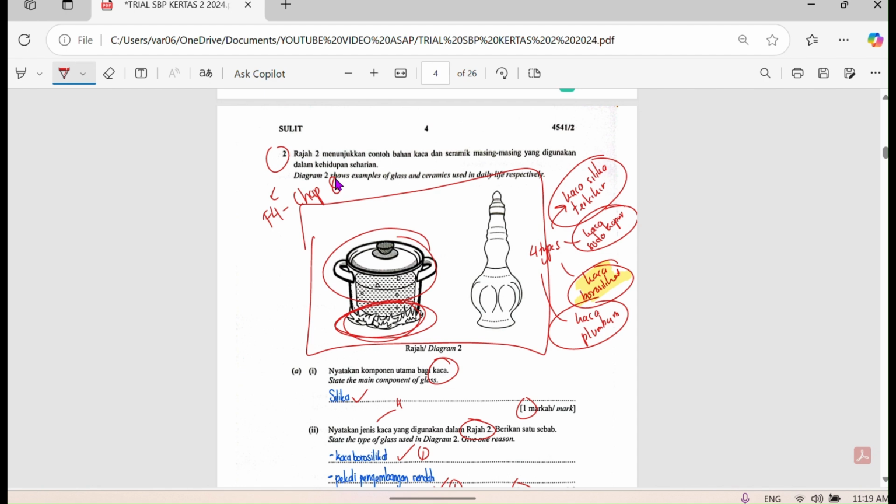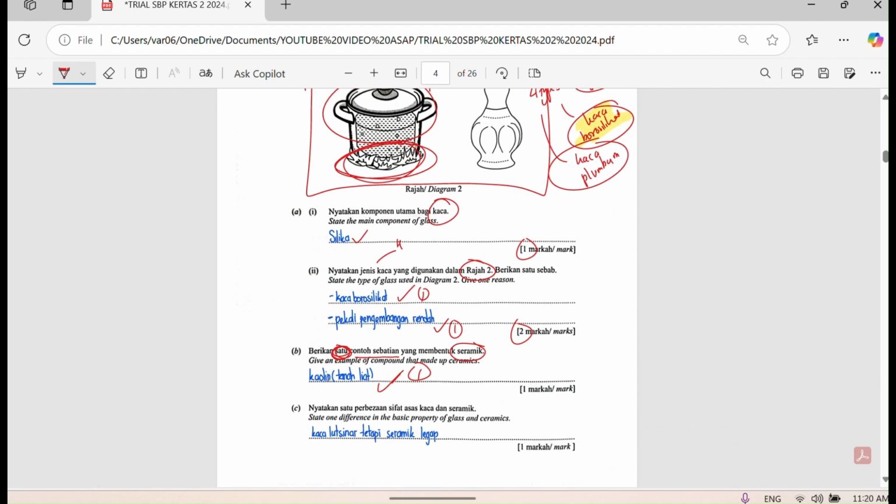There are several things for you to memorize. Unless you do a lot of questions and you macam terhafal, teringat, then that's a different story. But for that, you have to do a lot of latihan. But if you don't have that much time, then you have to actually memorize it. If not, you cannot answer.